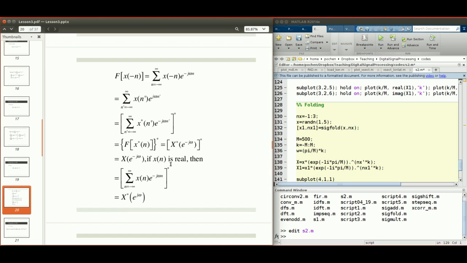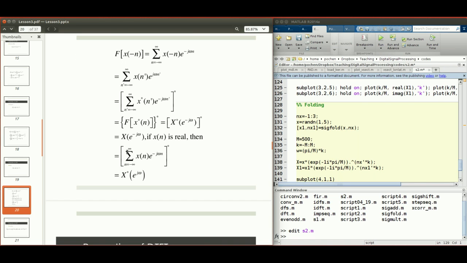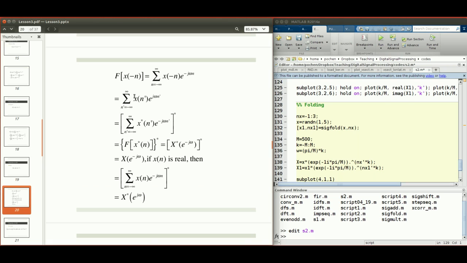So if you actually fold the time domain signal, in principle, you're actually conjugating the frequency domain signal, right? So the Fourier transform of the folded signal, if the signal is real, is equal to the conjugation of the original Fourier transform, right?